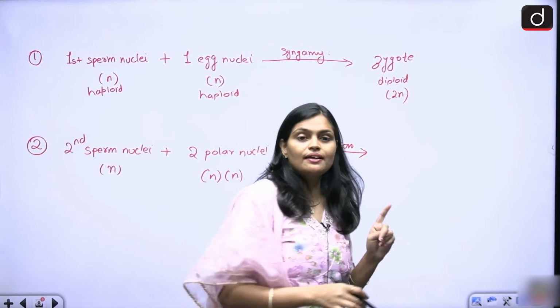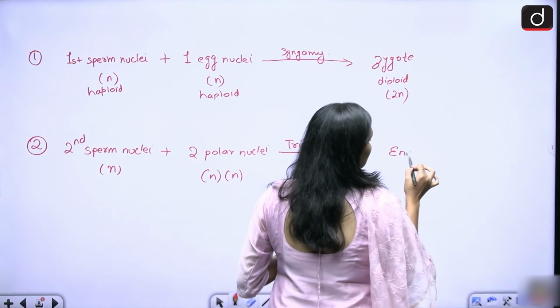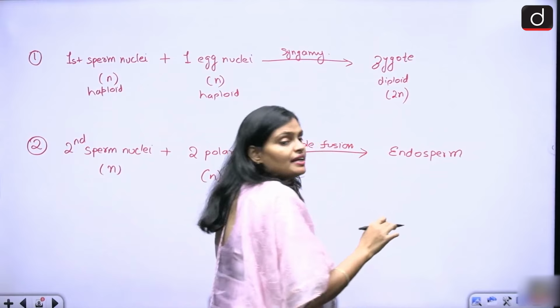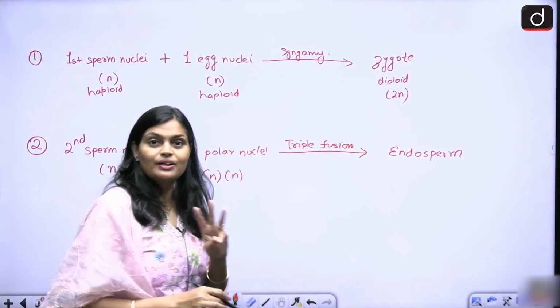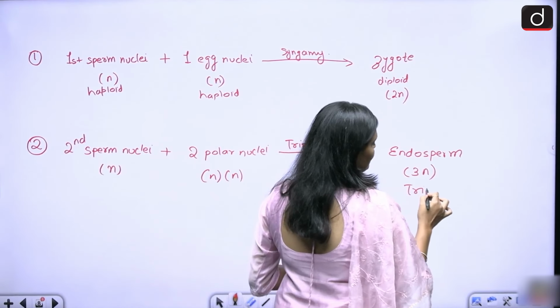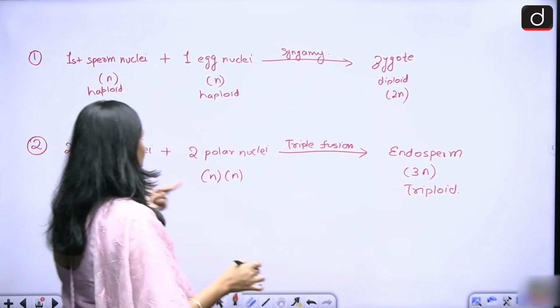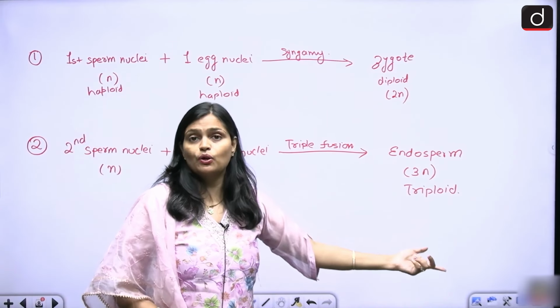And ultimately you will get endosperm. How many nuclei does this endosperm have? 3 nuclei, so it is 3n, triploid. So the gametes are haploid, you will get the zygote diploid and the endosperm triploid.